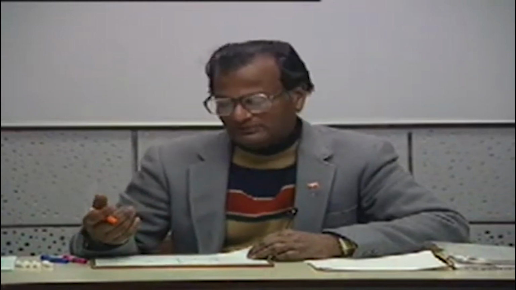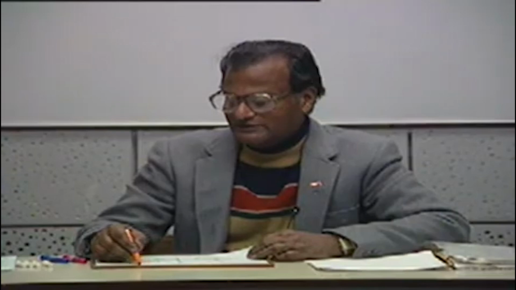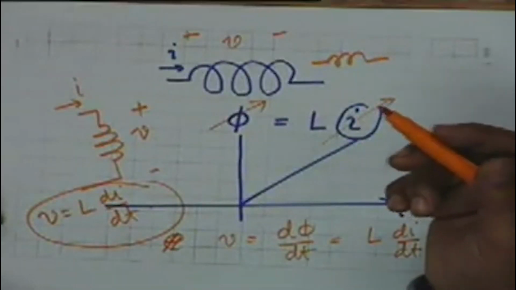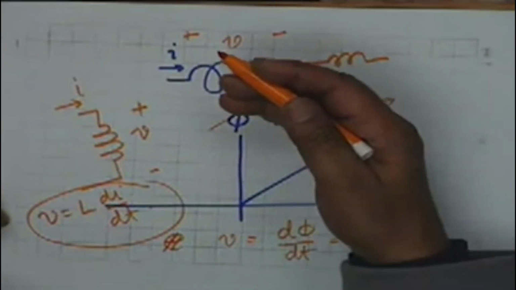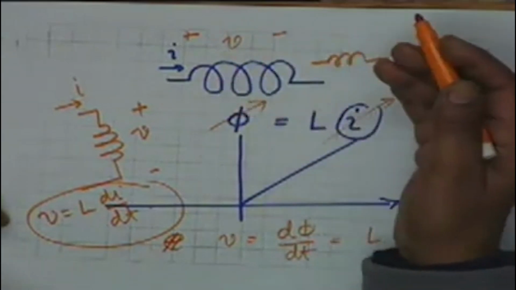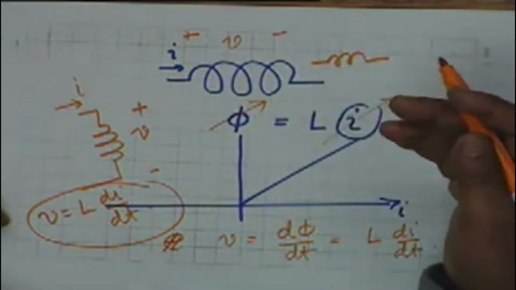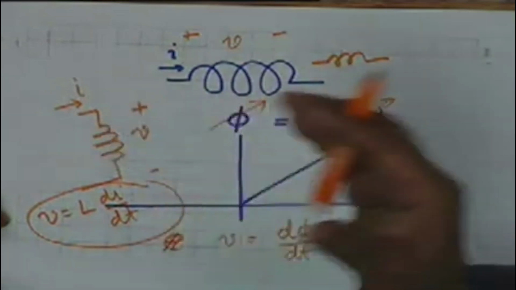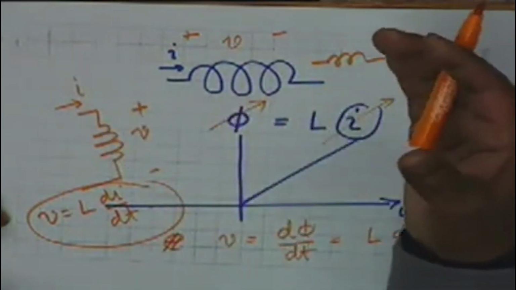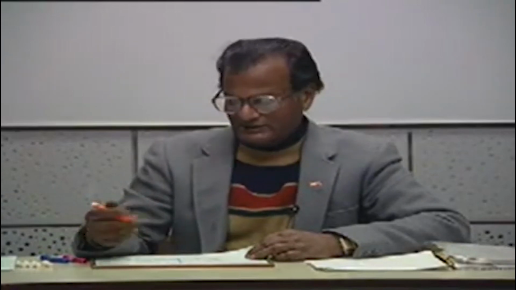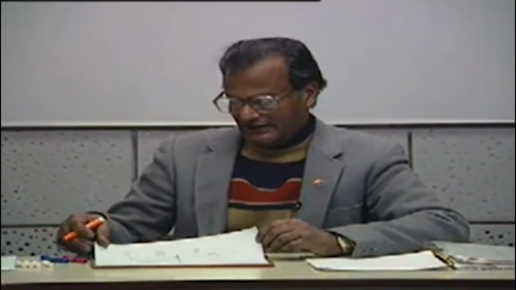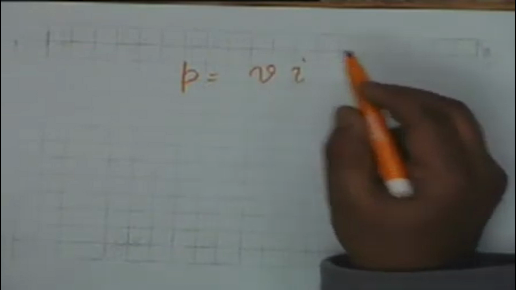This stored energy can be utilized, for example, for inducing voltage in a nearby inductor. Energy can be transferred from one inductor to another. If you place a nearby inductor in the magnetic field, then the second coil develops an EMF across it.